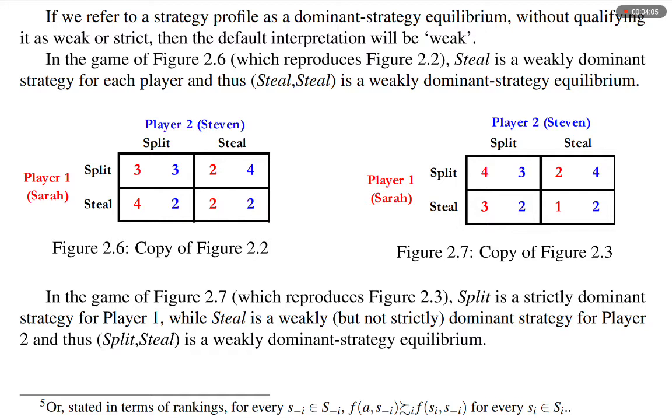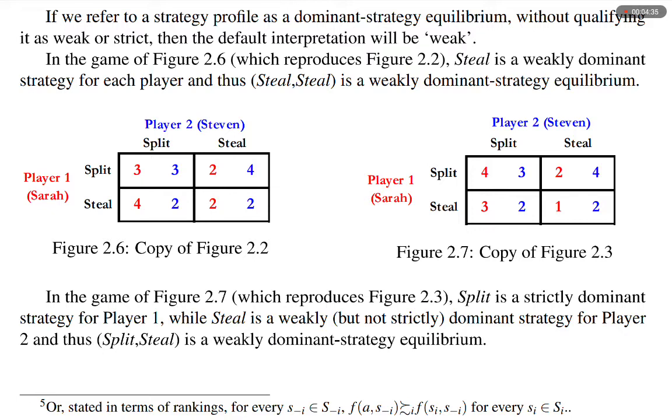In the game of figure 2.6, which reproduces figure 2.2, steal is a weakly dominant strategy for each player, and thus steal-steal is a weakly dominant strategy equilibrium. Figure 2.6 is a copy of figure 2.2, where we have a 2x2 grid with Sarah on the rows and Stephen on the columns.